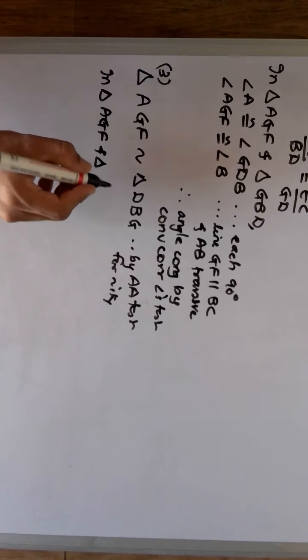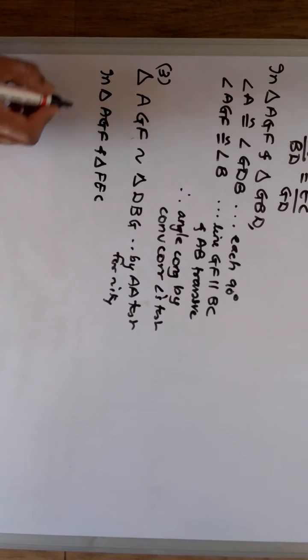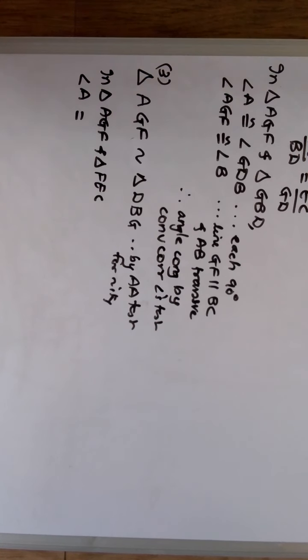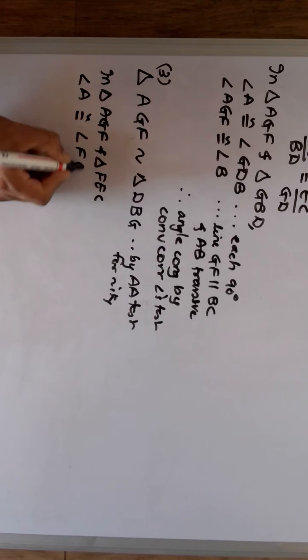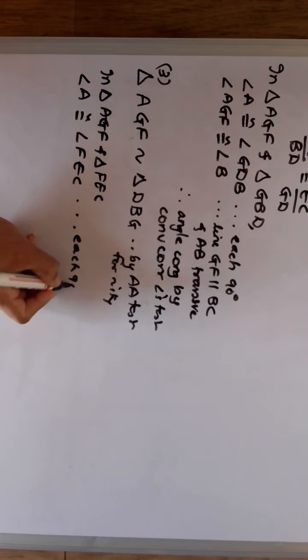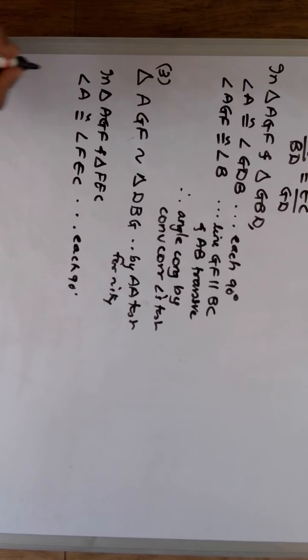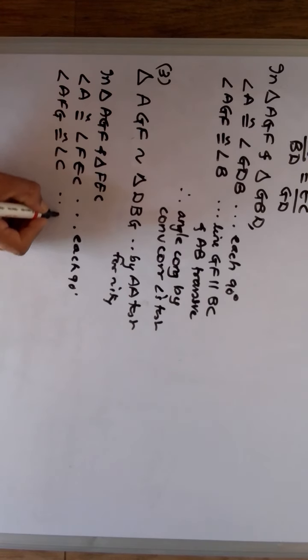Here you have angle A is 90 degree, which is congruent to angle FEC, which is also 90 degree. Then angle AFG is congruent to angle C, right?